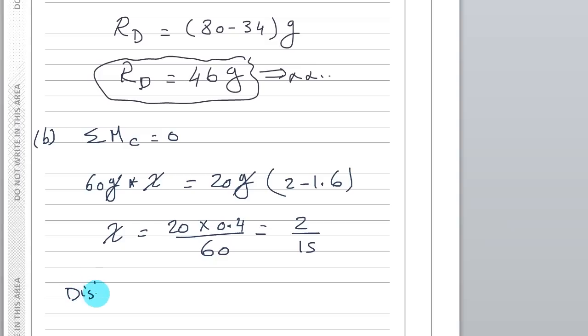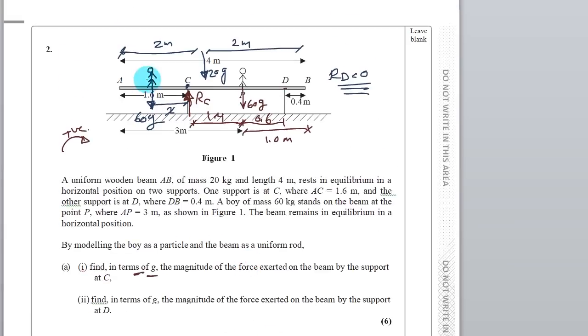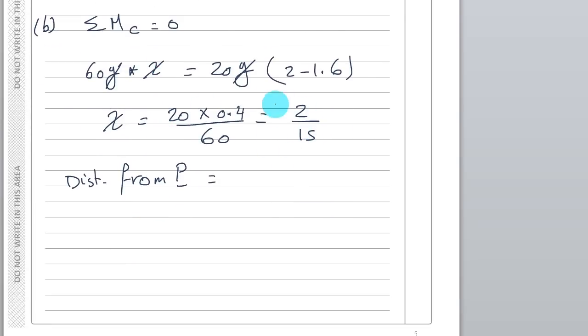So the distance from B is equal to 1.4 plus x. So 1.4 plus 2 over 15.